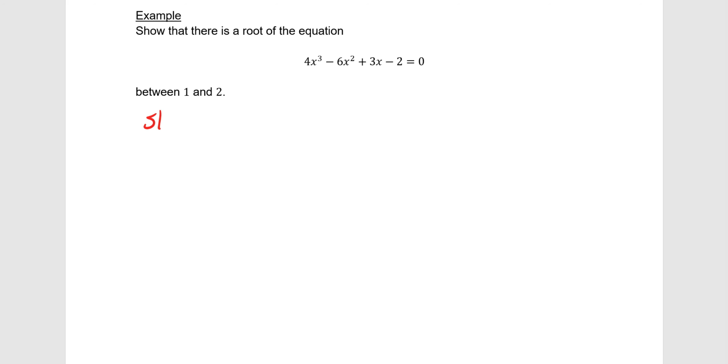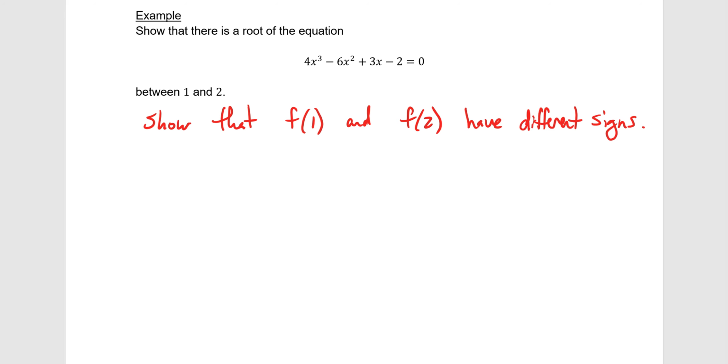We need to show that f of 1 and f of 2 have different signs. So one of them is negative, one of them is positive. If one's negative and one's positive, then it had to go through 0 between them. That's the only way to go from negative to positive.